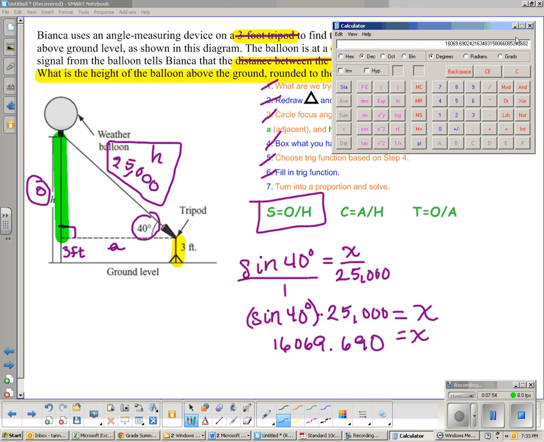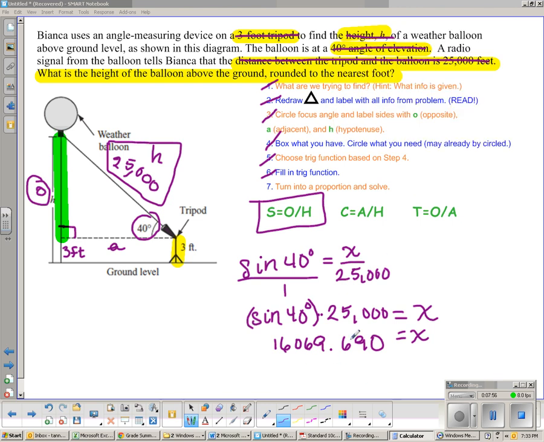So we should always, always, always go back to our problem to make sure that we're writing the answer in its proper form, because we've done all this beautiful work. So we're going to round to the nearest foot here. I'm going to look at this number to tell me what to do.